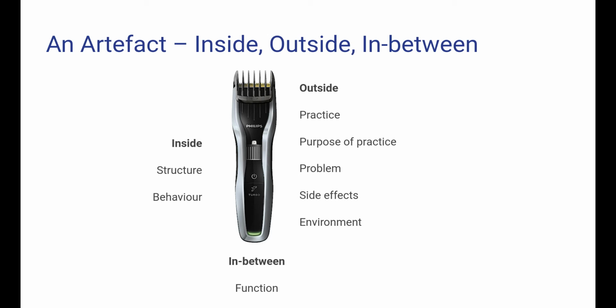To the left, we see concepts that have to do with the inside of an artifact: its structure, how it's built up, and its behavior, what it can do. To the right, we see the outside of an artifact: the practice where it is to be used, the purpose of that practice, the problem or problems the artifact can help to solve, side effects, undesirable effects of using the artifact, and the environment, which is everything around this artifact, including the practice.